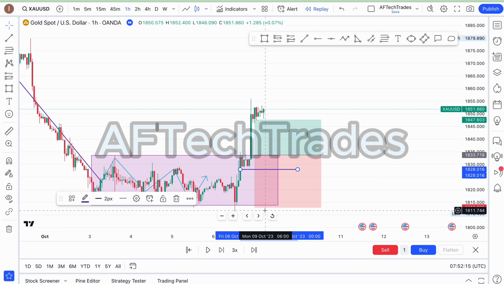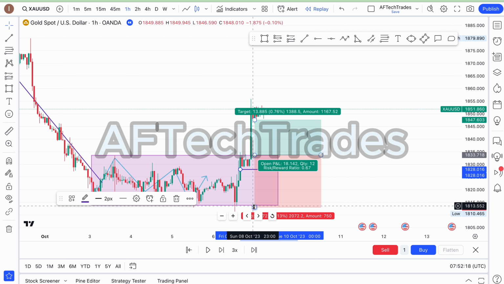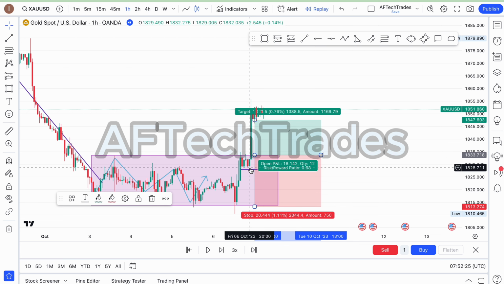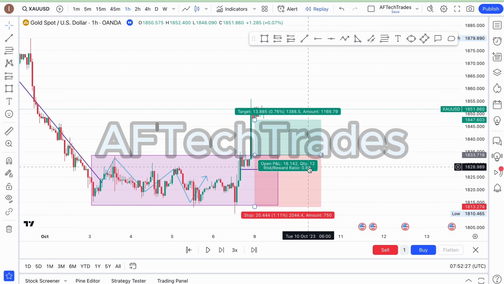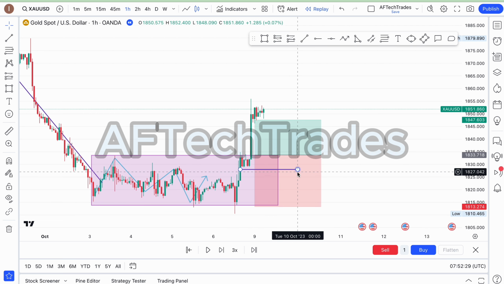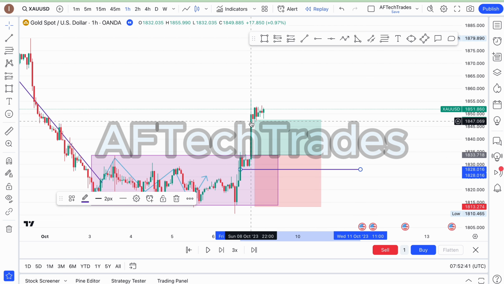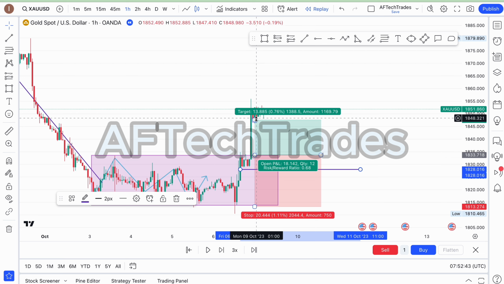So some conservative traders put their stop loss below the ranging market area where you drew your box, while some would just put it below the most recent candlesticks that formed before the breakout, which is around this side. So once you enter this market, your stop loss would be below this.